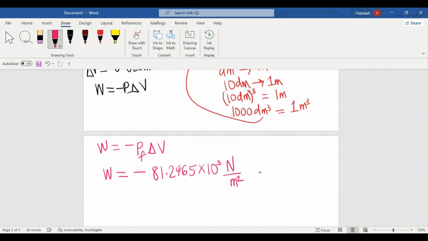Don't forget that's what Pascal is. Times change in volume, which is 0.020 meter cubed. So of course we're going to do the math we know how to do best. Meter squared, remove the cubed.